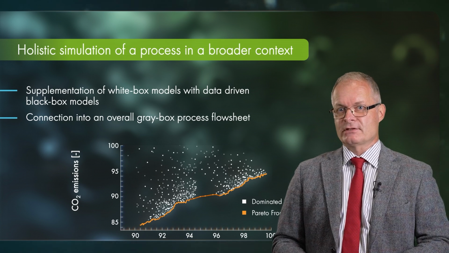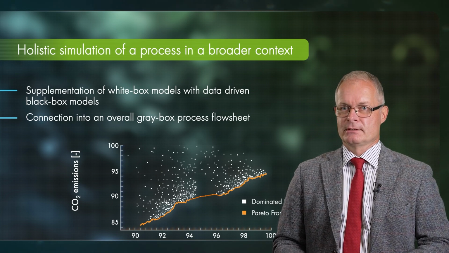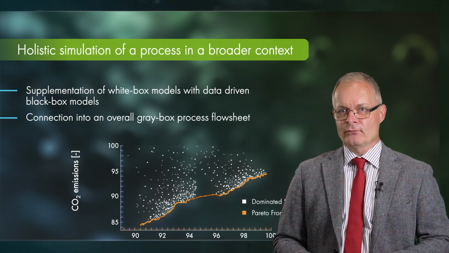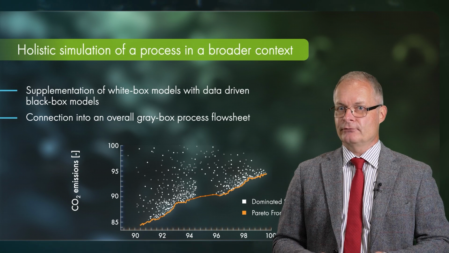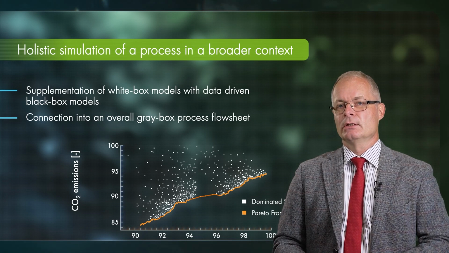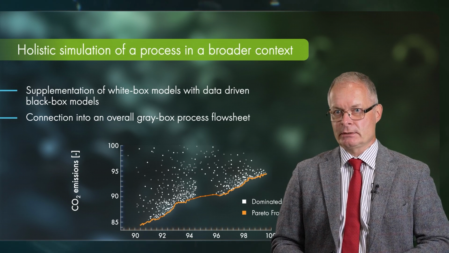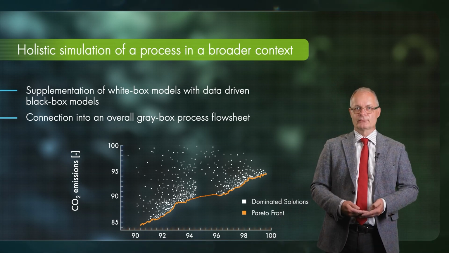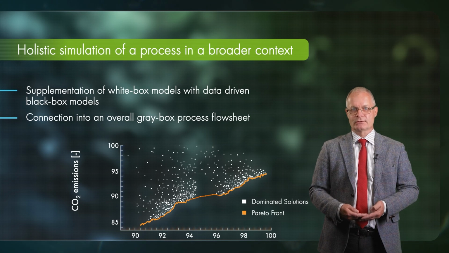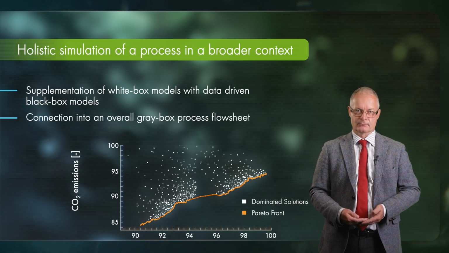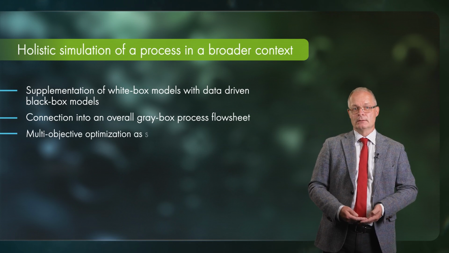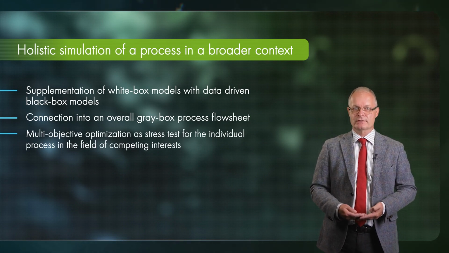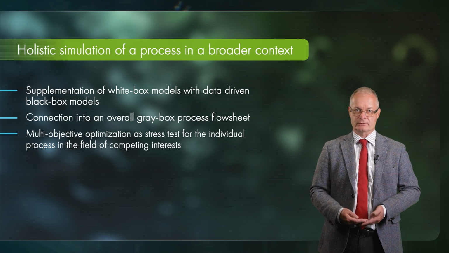As this situation means two conflicting objective functions, not a single optimum can be found, but rather a best trade-off curve can be obtained at which, at a fixed point of one objective, no better solution of the second objective can be found. This best trade-off curve is shown in orange and is called a Pareto front. In this way, such a holistic approach can help to decide how to position the process between conflicting influencing factors.